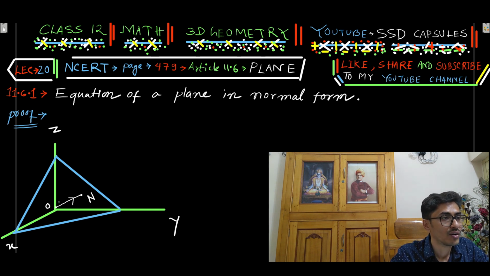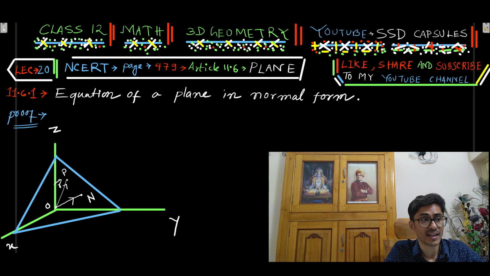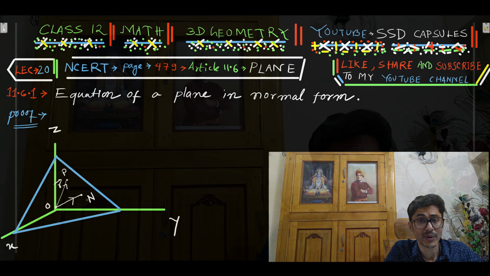Okay, and now also let us consider any point P on the same plane and let us consider its position vector as r vector. Now this point N is the foot of the perpendicular drawn from the origin to the plane. So this N always lies on the plane.